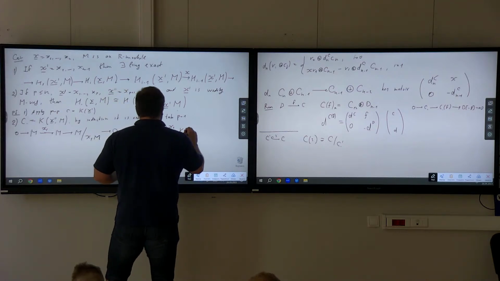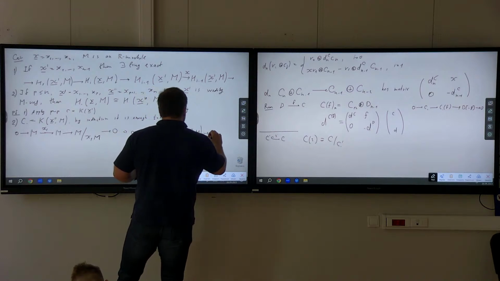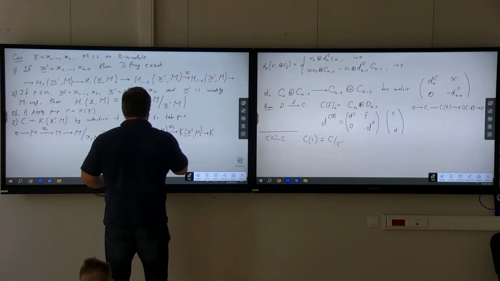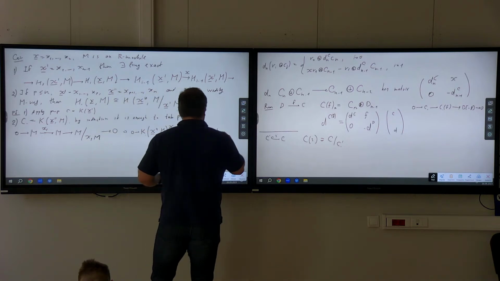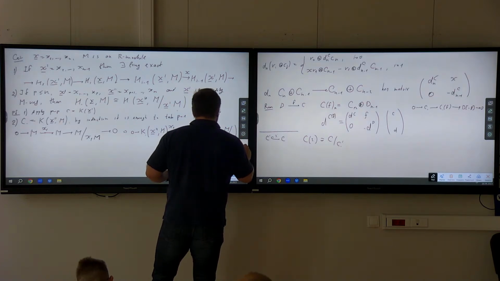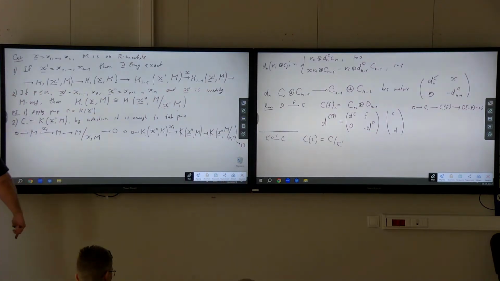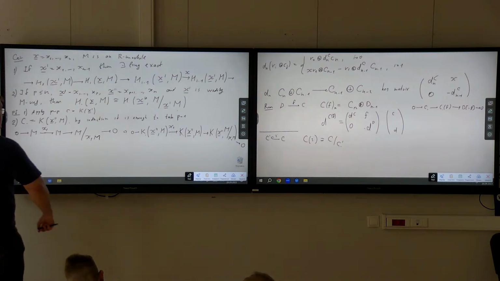Then we have the Koszul complex for x double prime and M. And finally, we have the Koszul complex for x double prime and the quotient module.